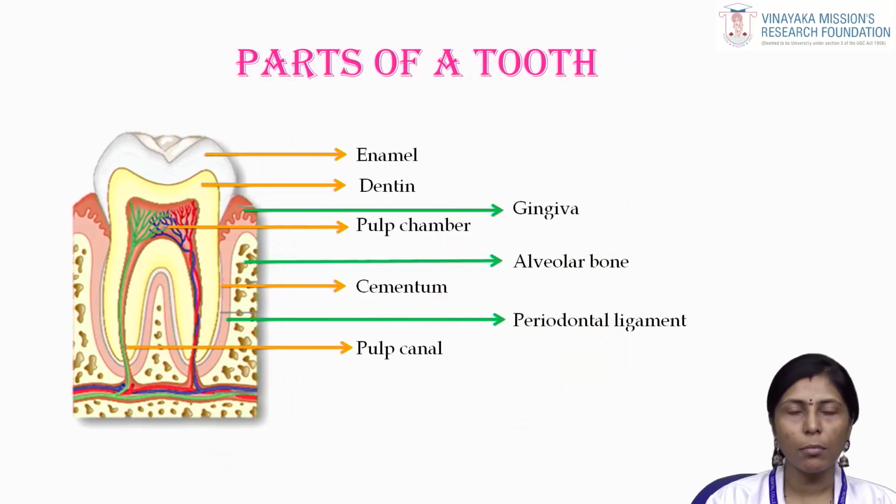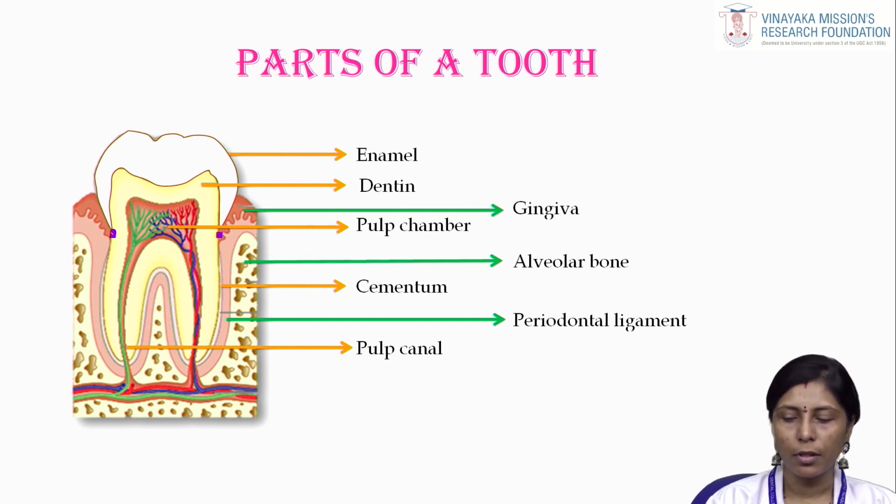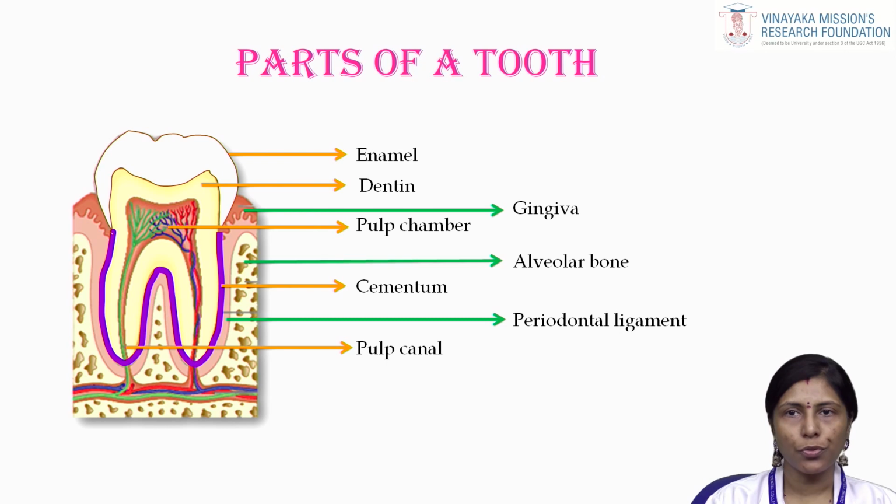Let's talk about the histological structures of the tooth for completion's sake. The crown portion of the tooth is covered by enamel. Enamel is a histological structure of the tooth which is going to cover the crown portion of the tooth. Likewise, the root portion of the tooth is covered by cementum.